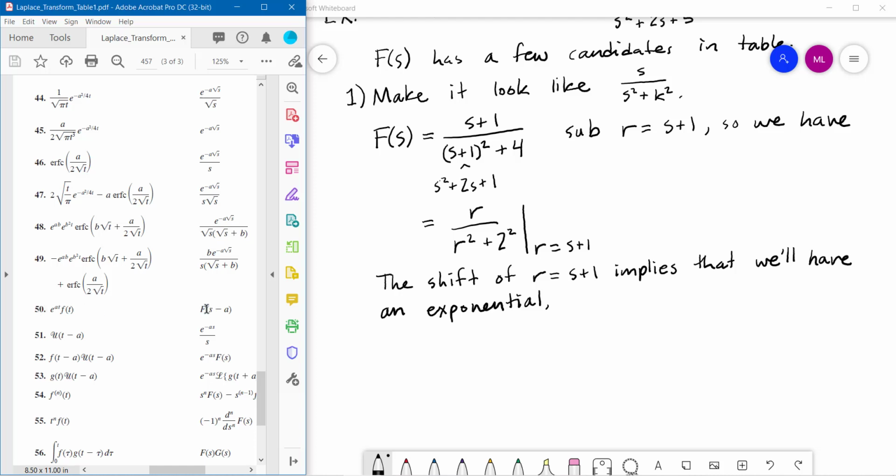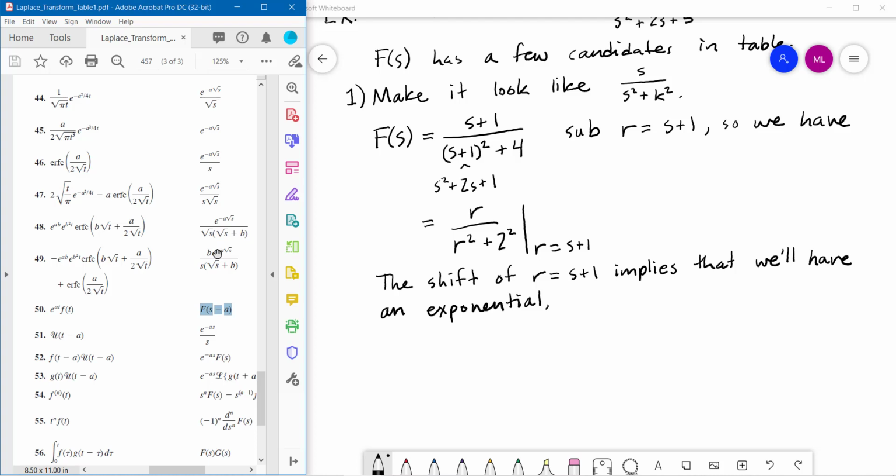Whenever we're dealing with a shifted version of our function, in this case I'm thinking of f not as f of s, but as f of r, where r is equal to s plus 1. You can Laplace transform that back to whatever function corresponds to the f function, but with an extra factor of e to the at. We actually did the reverse of this. We derived going from this direction to this direction in the last video, and we're using that fact here.